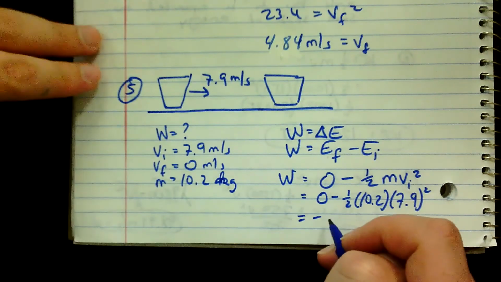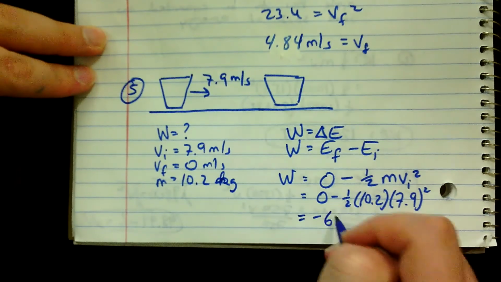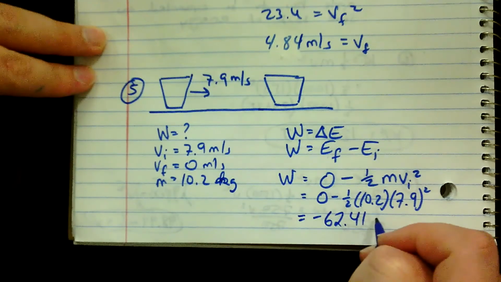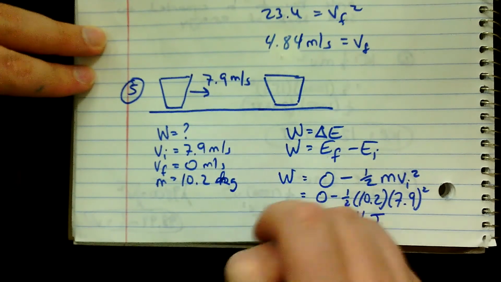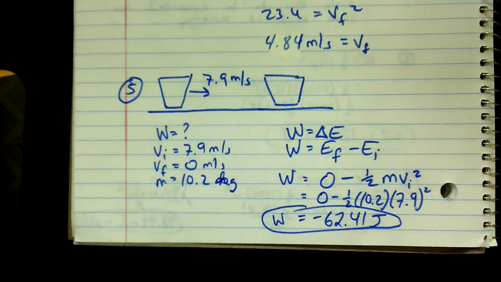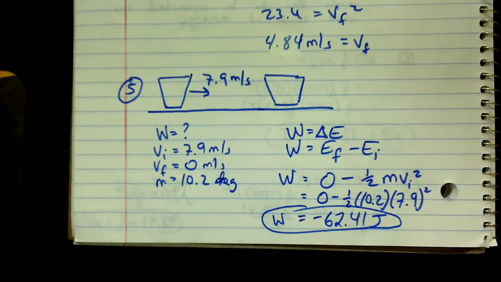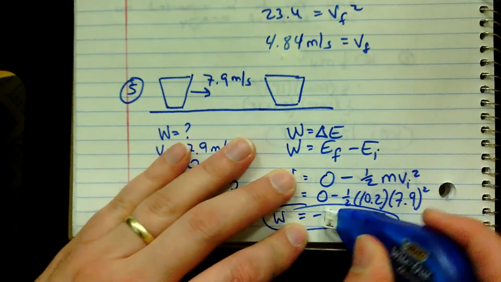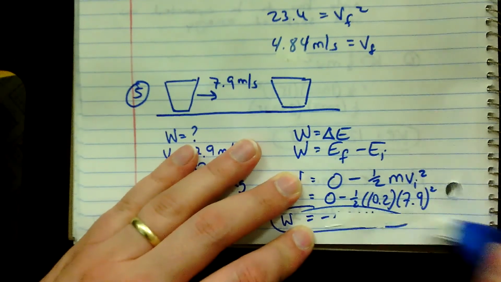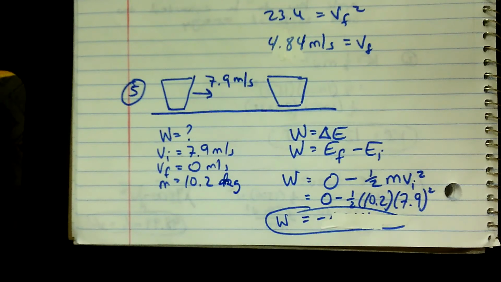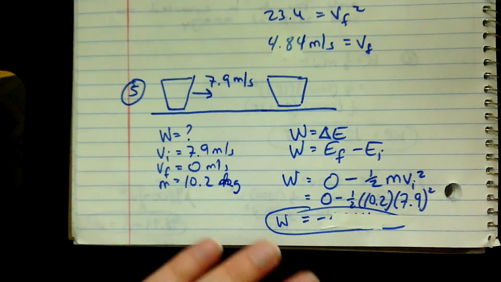I'm getting negative 62.41, is that right? No, that is not right. 318.29, negative 318.29.